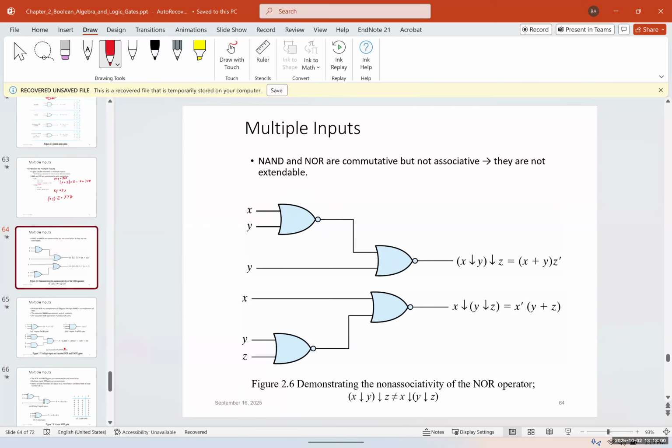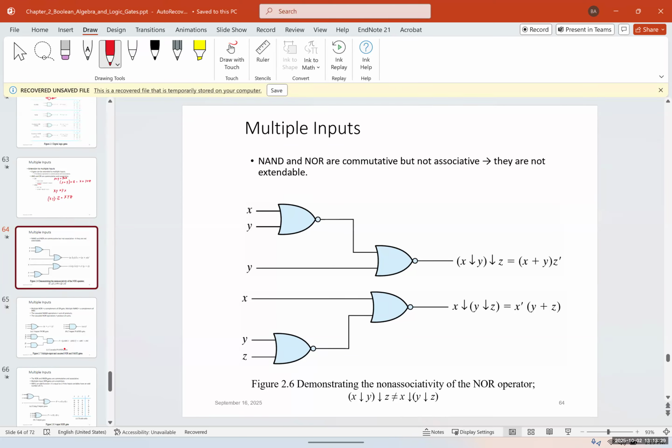For the NAND and NOR, they are commutative, but they are not associative. They are not extendable. So what do we need for this? We need to actually use a different law, like De Morgan's law, to be able to find the output for that. And this is an example. We have X, Y connected to one NOR gate, and Z connected to the result of X, Y through another NOR gate.